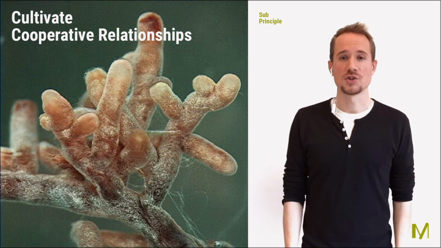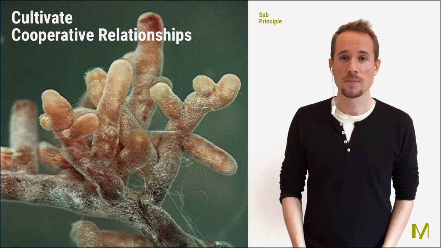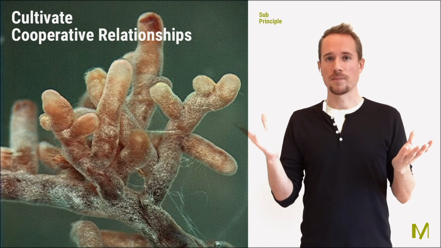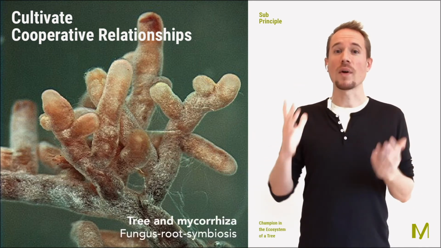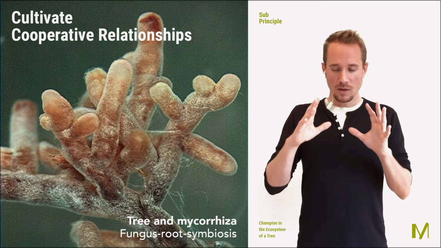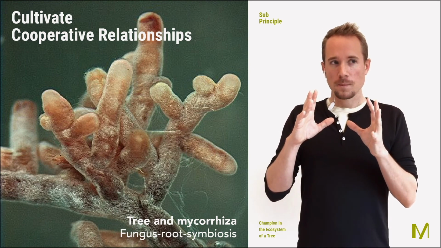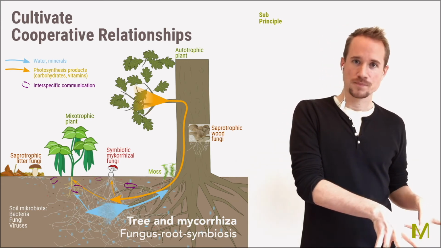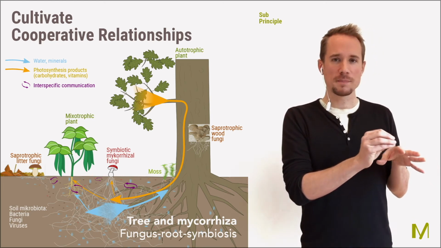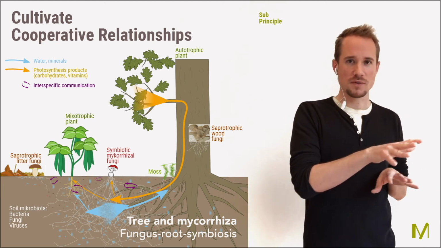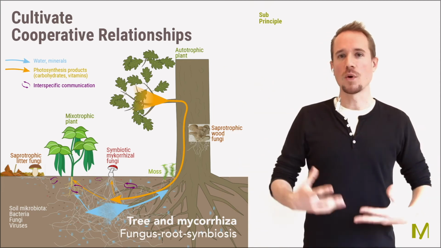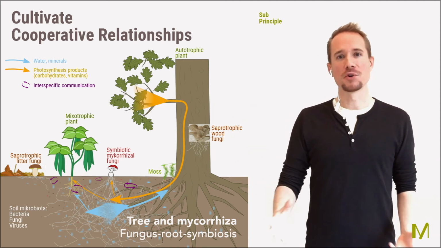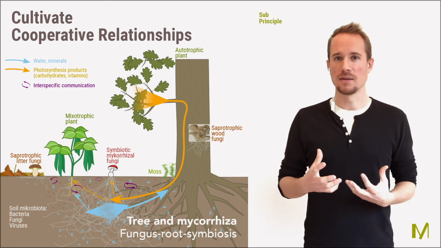Cultivate cooperative relationships. And our example from nature is the relationship that many trees have with fungi. Trees and mycorrhiza. So, trees in the root system are anchored in the soil, and especially through the ramification of the tips of the roots, the trees absorb as much water as they can, as they need, and they absorb the dissolved minerals, nutrients from the soil that they need.